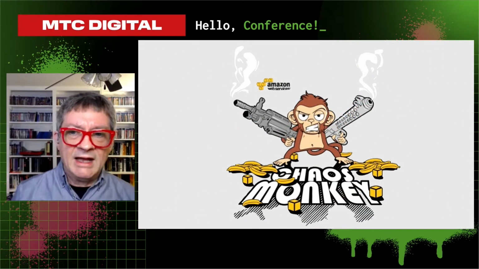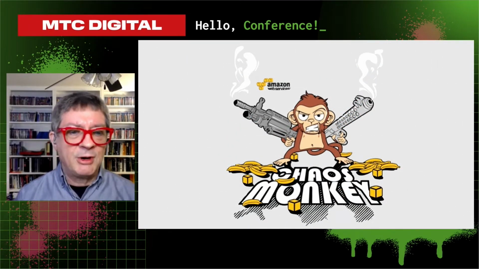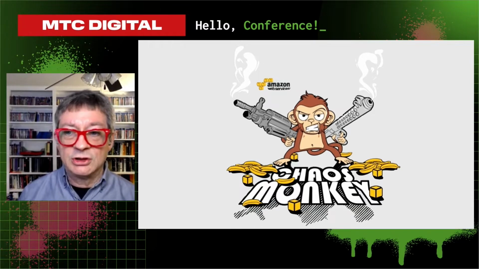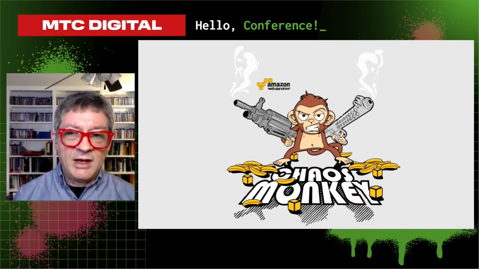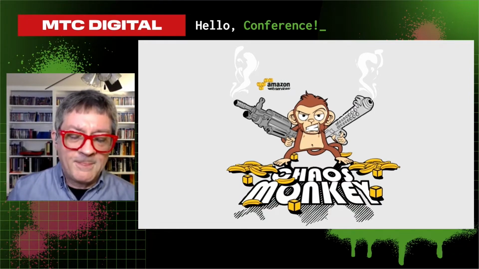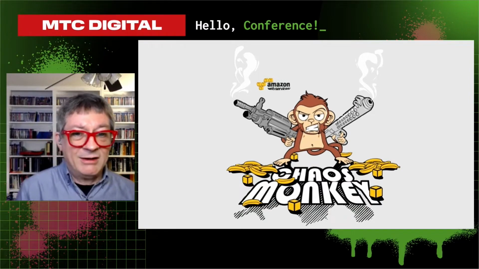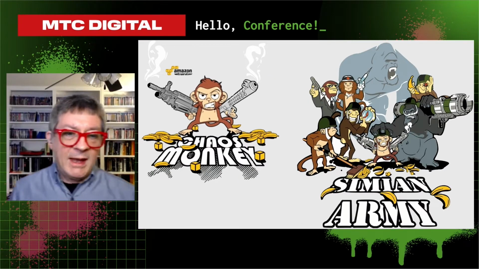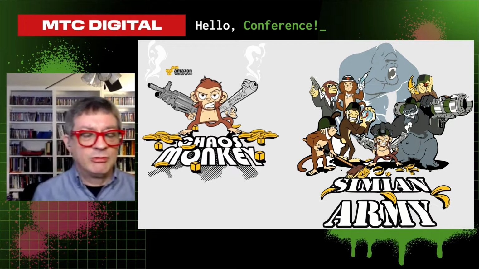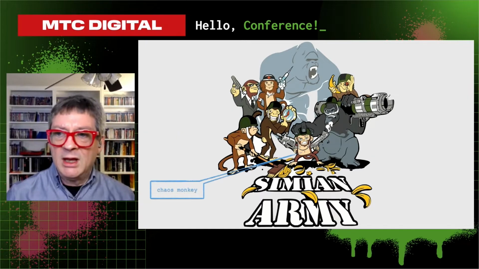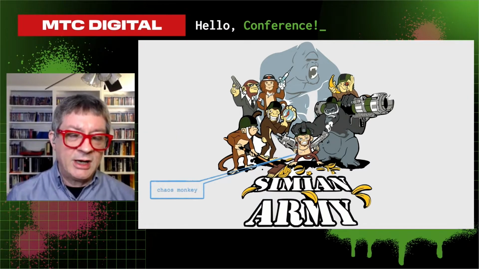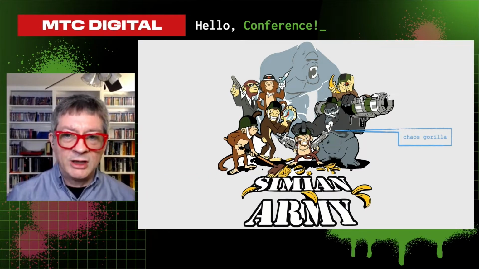I mentioned before the idea of Chaos Monkey. This is a great innovation by Netflix, and it's a great example of using a fitness function. The Chaos Monkey was so successful that they eventually created the entire Simian army. The Chaos Monkey was just there to create general chaos, but then they specialized it with the Simian army, where the Chaos Gorilla knocked out an entire data center, and Chaos Kong in the background knocked out an entire availability zone.